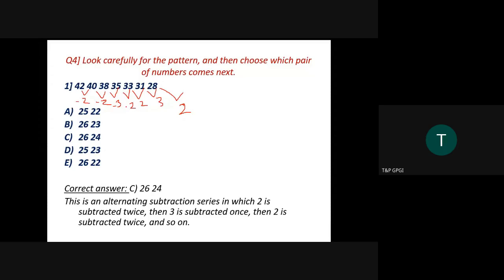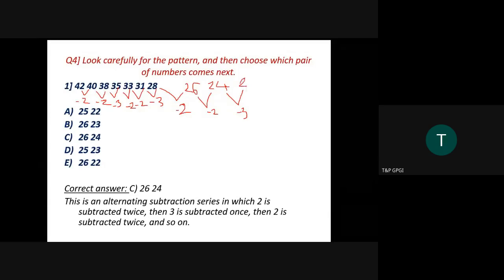Sorry, this is subtraction, so you can give me a sign of minus. Minus 2, minus 2, minus 3, minus 2. So 28 minus 2 is 26. And to get the next number, again I'll have to subtract 2. That means 24. If I need to find the next number after this, I'll have to subtract 3. And this will be 21 then.